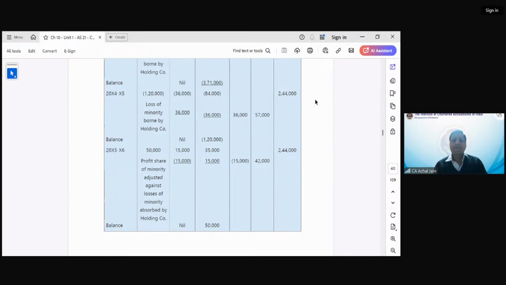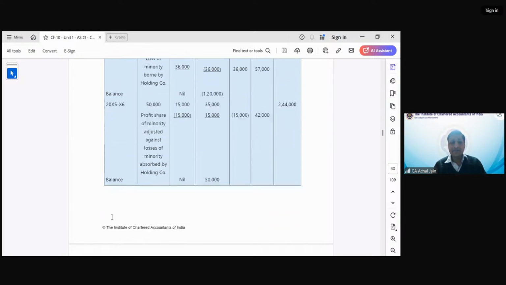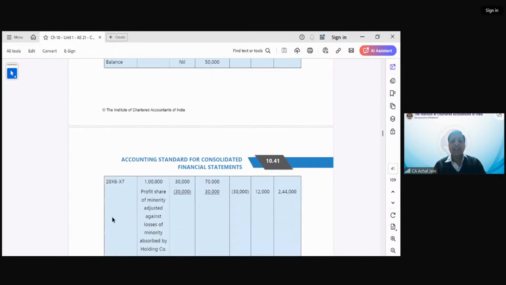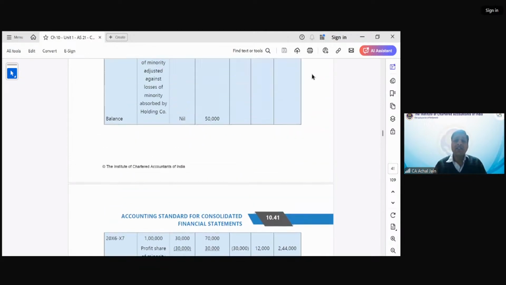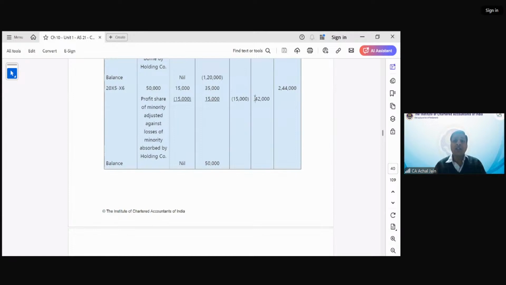Now, moving on to next year. Next year, again, what do you have? There is a profit of 1 lakh. So this will also be shared by minority and majority. And here again, majority will ask that we are still left with 42,000 of losses of minority interest which have been absorbed by us.